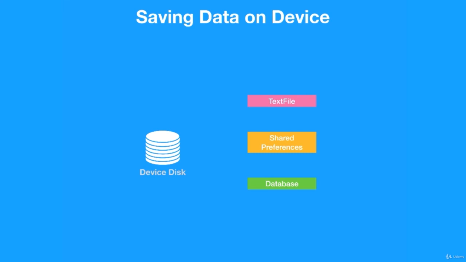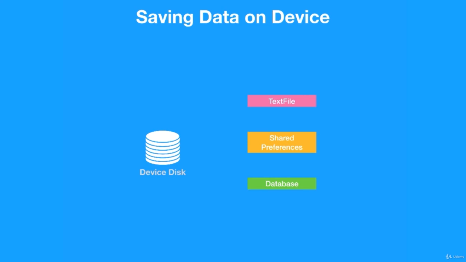As we go down this list from text file to shared preferences to database, there's also what we call the efficiency in how we save and retrieve data. Once you have a relational database where tables are related via keys and so forth, there is a faster way of retrieving that data and also a faster way of writing the data to the database table.